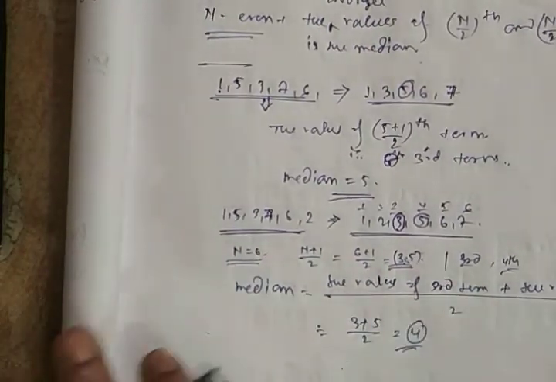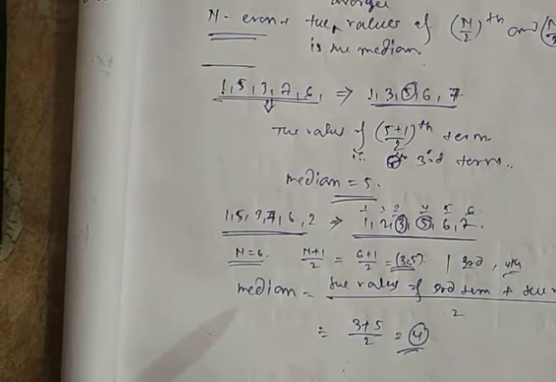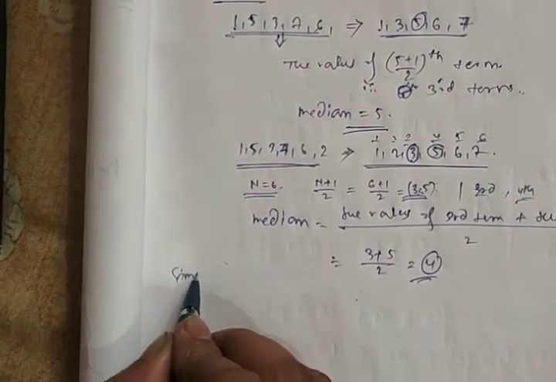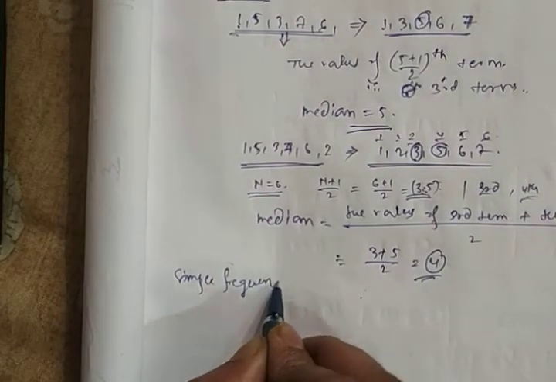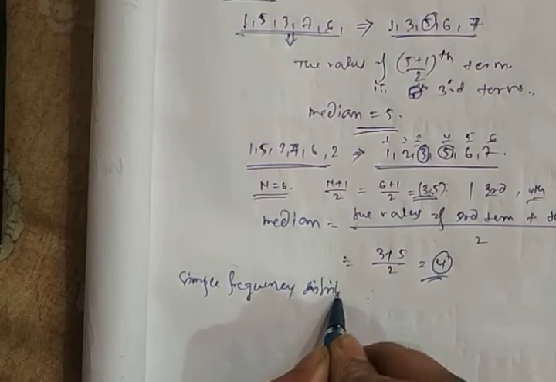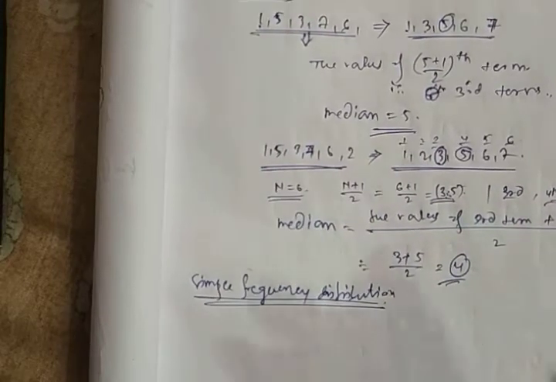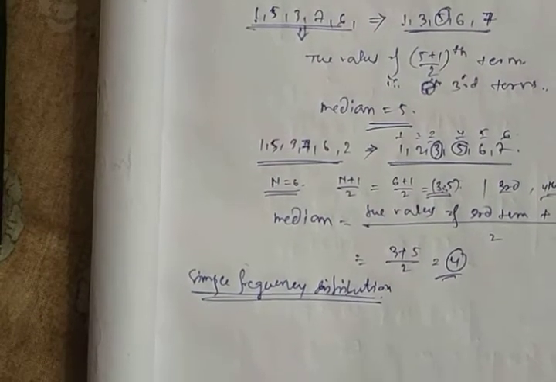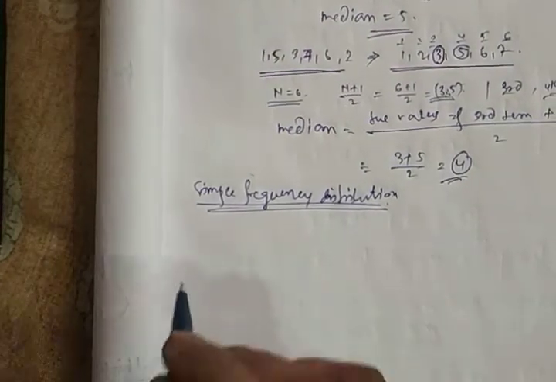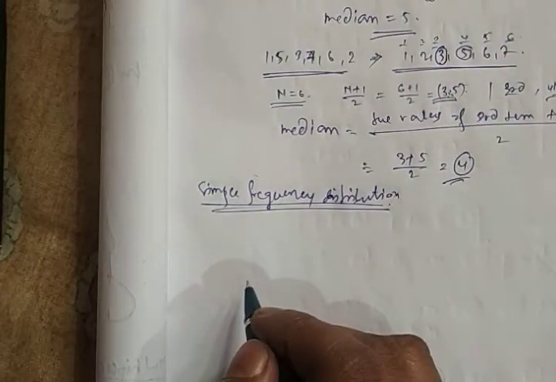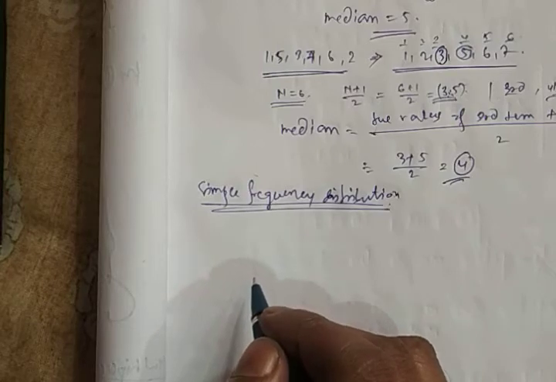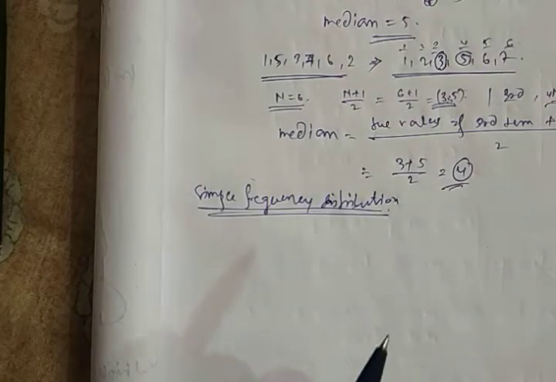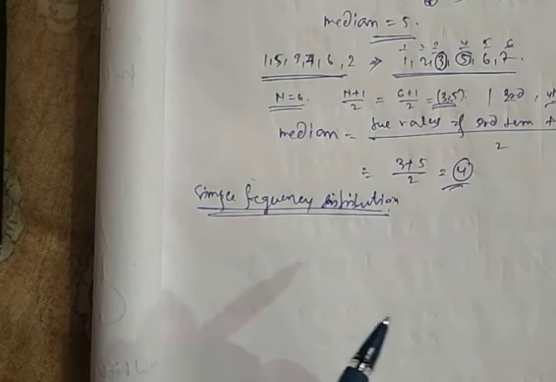Now, the calculation of the median for a simple frequency distribution. For a simple frequency distribution, every value has a frequency, that is, it occurs more than once.